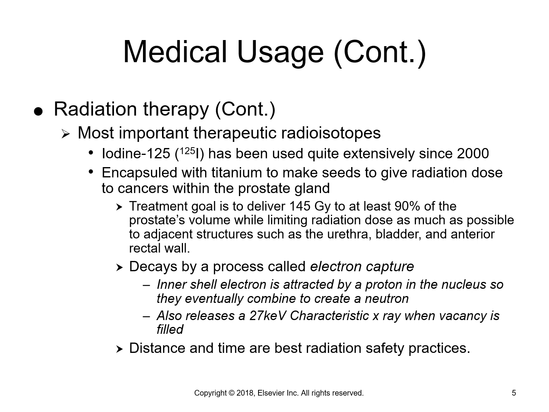So looking a little farther into radiation therapy, some of the more important therapeutic radioisotopes that we're going to talk about. The first one is iodine-125. Iodine-125 has been used quite extensively since the early 2000s, and what they do is package small amounts of iodine-125 into a titanium encapsulation, and then insert these iodine-125 seeds into the prostate.